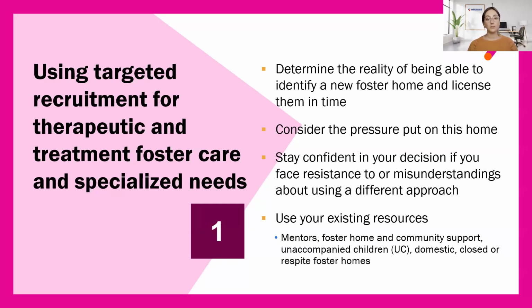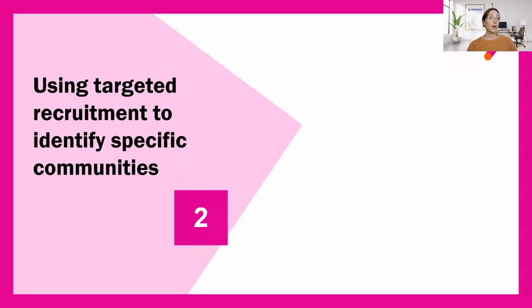Can you look in your volunteer mentor pool? Can you collaborate with your current foster homes and the community supports that you've identified to support a family or a youth? If you have access to the unaccompanied children's program or domestic foster care program, could you consider doing a borrowed bed? Maybe you reach out to your closed foster homes or those that just provide respite.